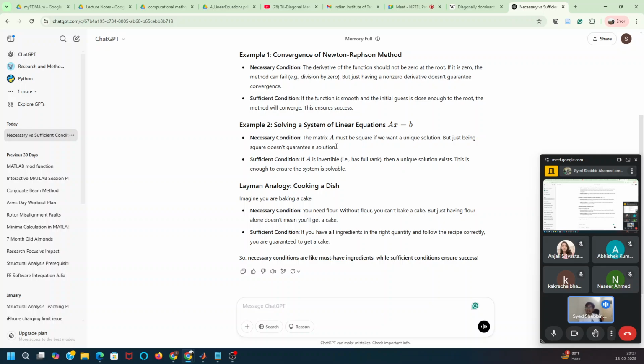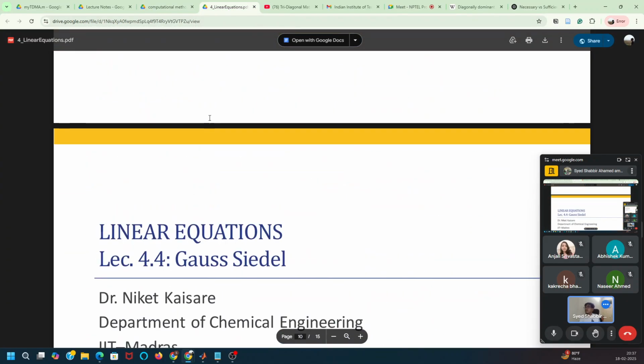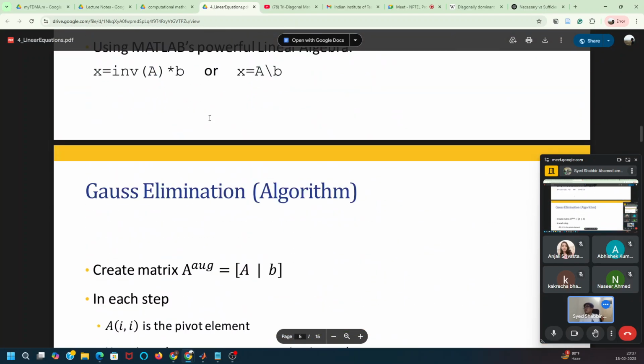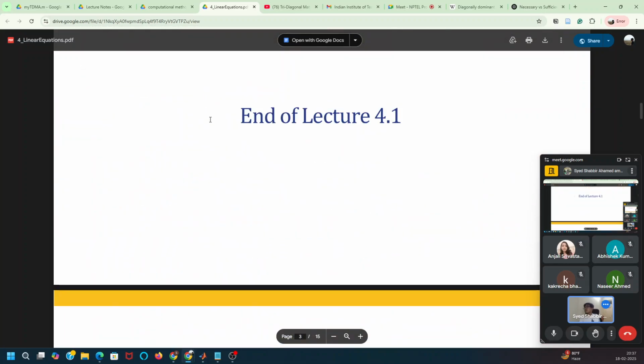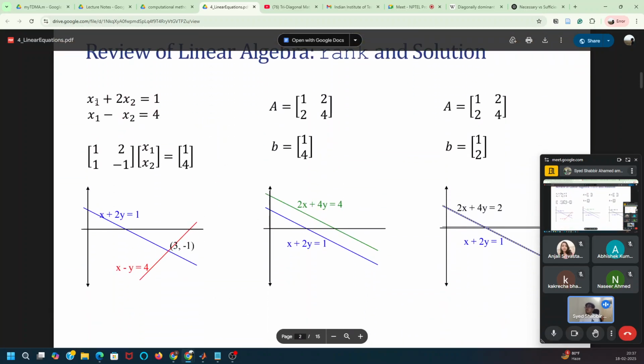As we have seen, if A is linearly dependent... So if you want a unique solution, the A matrix should be a square matrix.